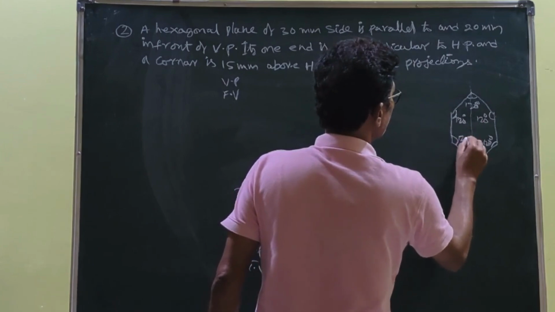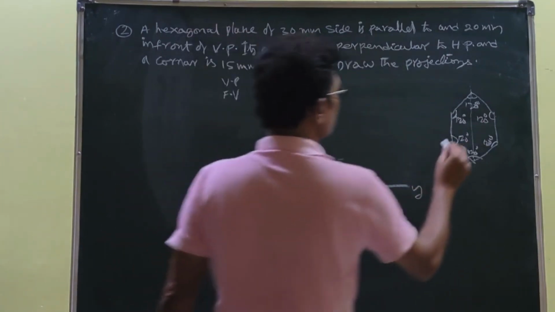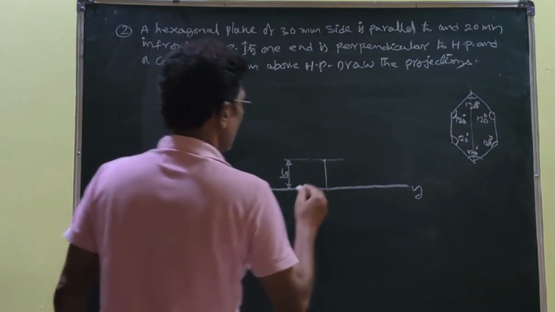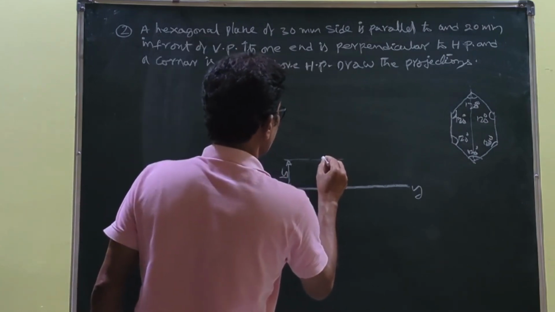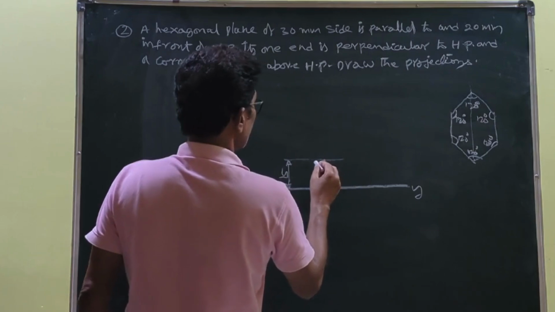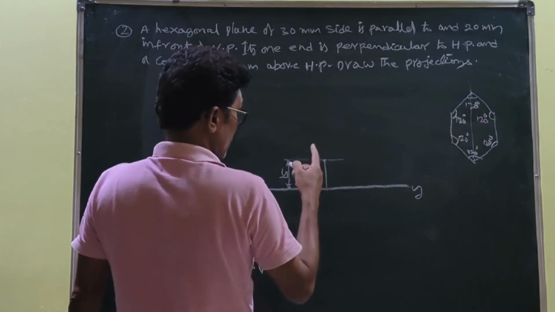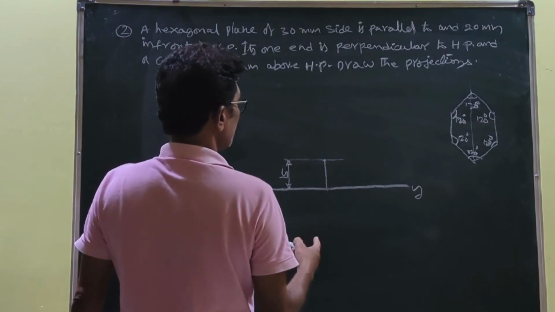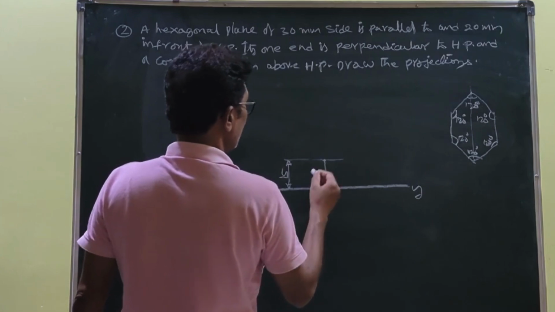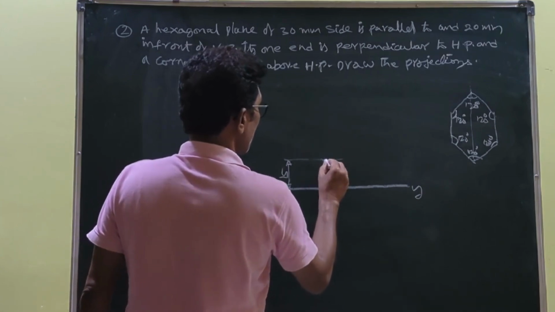Okay. Here you set up one side of the hexagon perpendicular to HP. So that is the case. How to draw the front view of the hexagon.